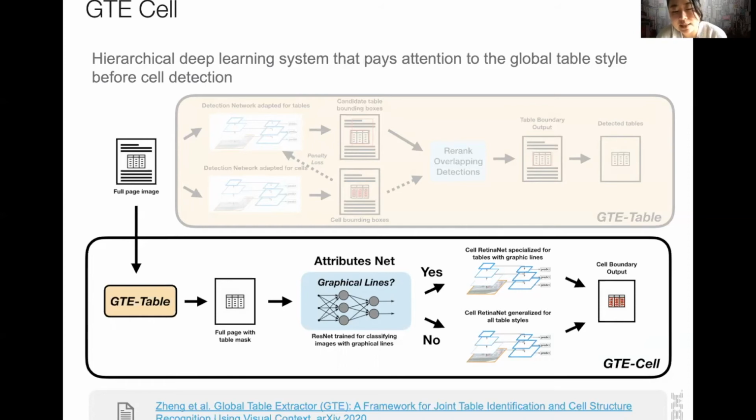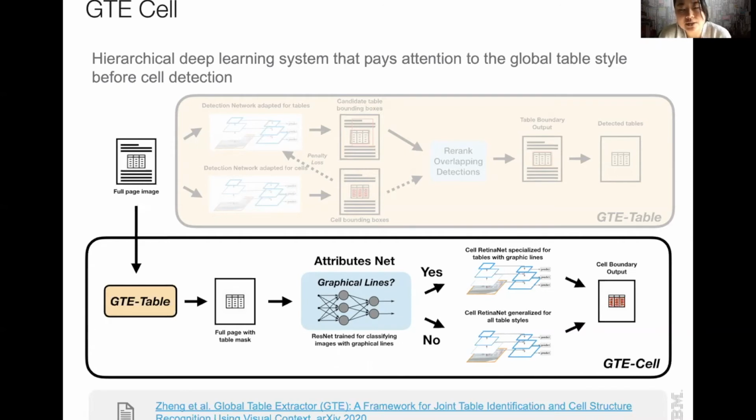And what that's useful for is that there are many different kinds of styles when it comes to tables. Some of them are fully graphical lines, so there are lines all around every cell or most of the cells, and some are blank. And convolutional neural networks are sometimes weak at figuring out the global context.